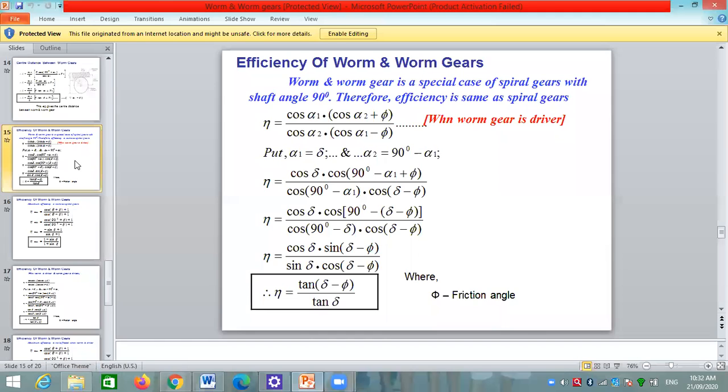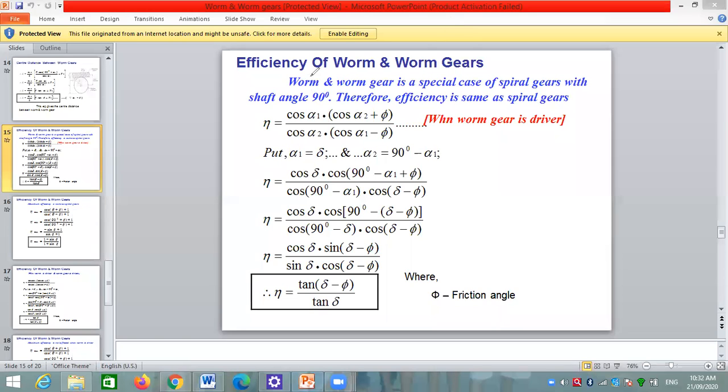Or one question is also asked: consider the worm and worm wheel as a special case of spiral gear and derive the expression for efficiency. This equation will be asked in the examination to calculate the efficiency of the worm and worm wheel.